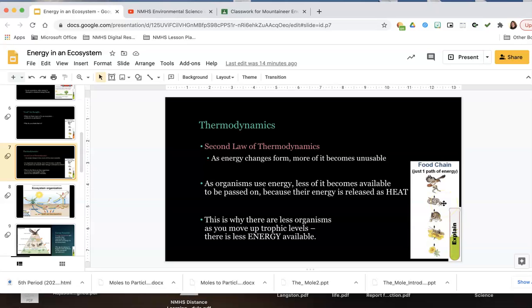What about hawks? There are more snakes than there are hawks. So you notice that there are fewer and fewer animals as you go up this food chain. Why is that the case? That's because there's less energy available.